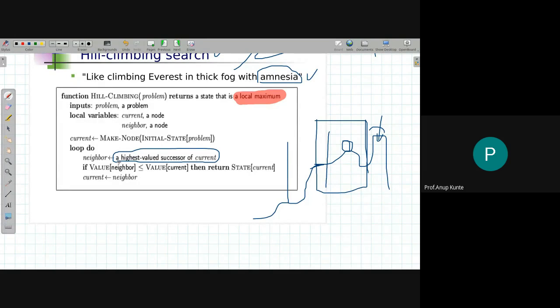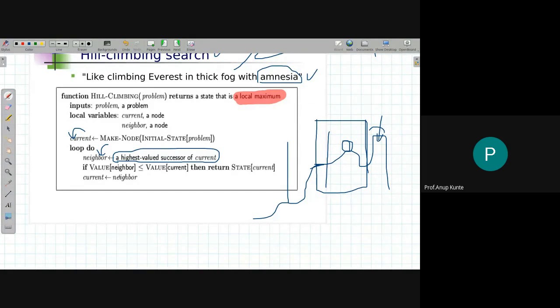If it is a hill climbing problem, I am trying to maximize the profit. तो profit criteria होगा कोई, happiness criteria होगा कोई, तो वो criteria को maximize जो करेगा ऐसा child node को आप neighbor variable में store करो. So I have in the current variable the current node, the initial node initially, then in the neighbor variable I have the highest valued successor node with respect to the profit criteria. I'm trying to navigate to the top of the hill.